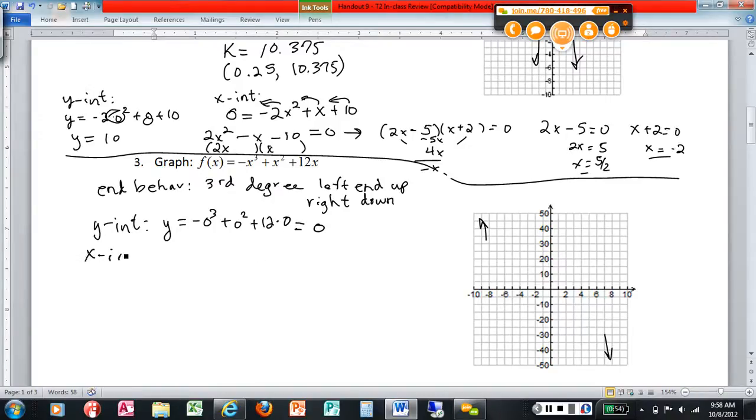The x-intercepts, well, those are helpful here. The x-intercepts, we set f of x to be 0. And again, with that negative being the first term, I would move all these terms over. So let's add the x cubed, subtract the x squared, and subtract 12x. And then factor, which we've got a common factor of x in there, so let's factor it out.